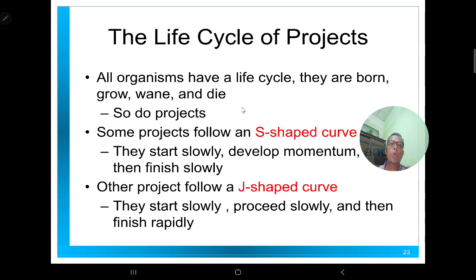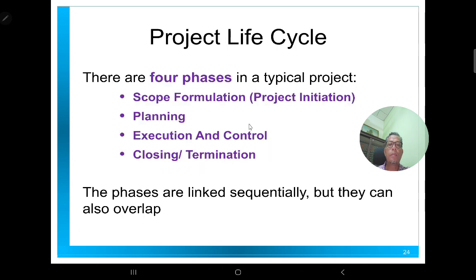Some projects follow an S-shaped curve, which starts a little bit slowly, then develops momentum, then finishes slowly. Other projects follow a J-shaped curve. They start really slowly and proceed slowly, but at the end of the project due time, they can finish very quickly or rapidly.